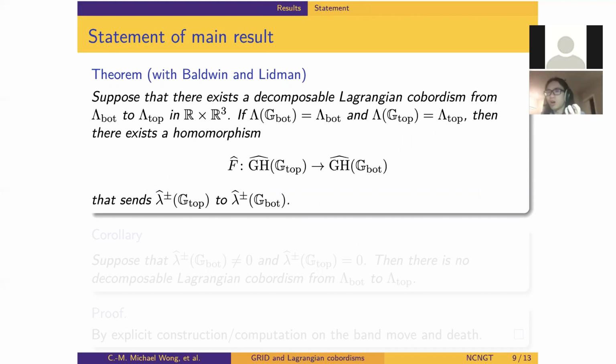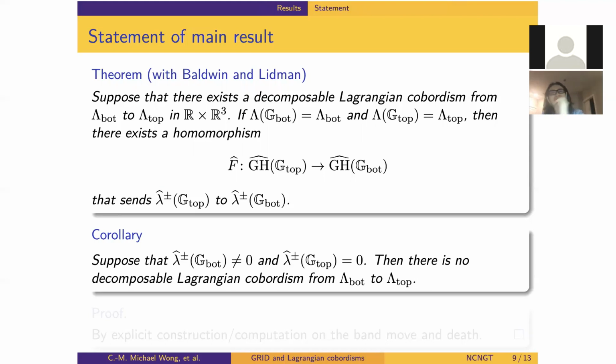This is contravariant and sends the grid invariants to the grid invariants. Well, how can we use this? The obvious thing is that you cannot send something that's 0 to something that's non-zero. So if top is 0 and bottom is non-zero, then no luck. There's no decomposable Lagrangian cobordism from bottom to top, because you could have the other way.